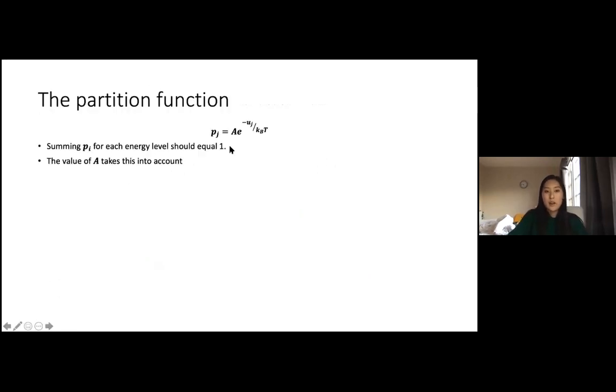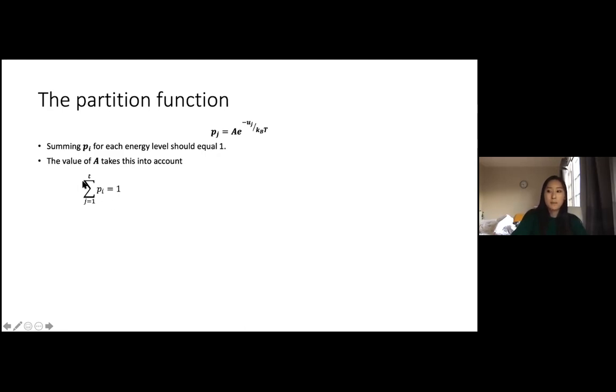Since P is the probability of finding a molecule in a given energy level, hopefully it makes sense that if we take the sum of the probabilities of each energy level, it should equal 1. The constant A is basically what takes this into account. So I'll show you that here.